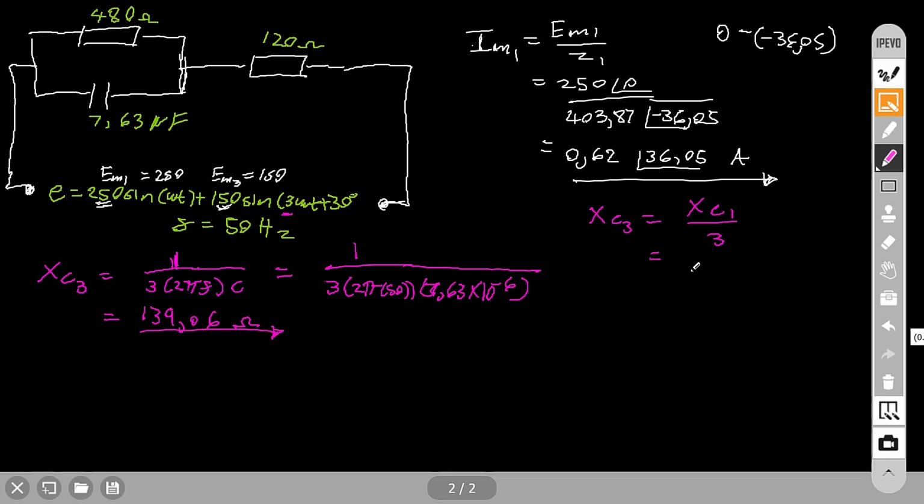The first one was 417.18 divided by 3, and you will get the same answer. It's up to you which one you prefer, but this is how to go about it. I'll just erase this one for space.